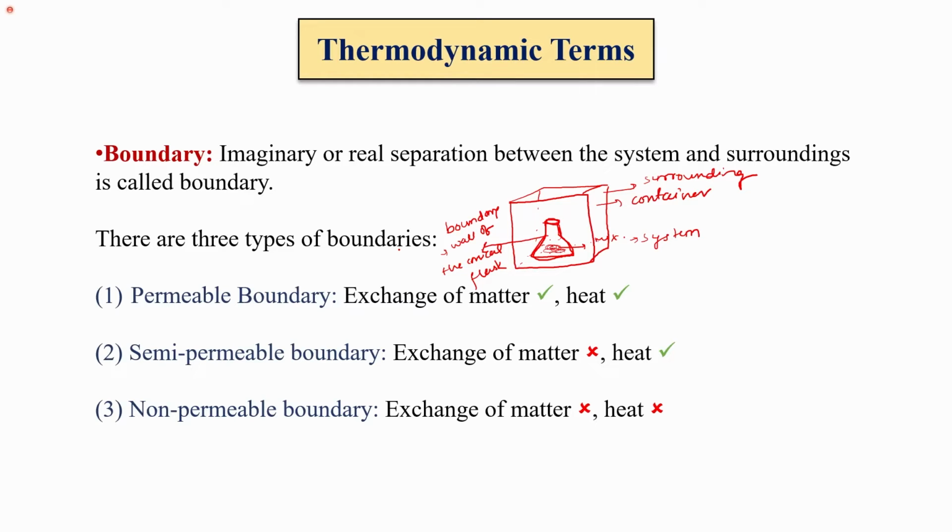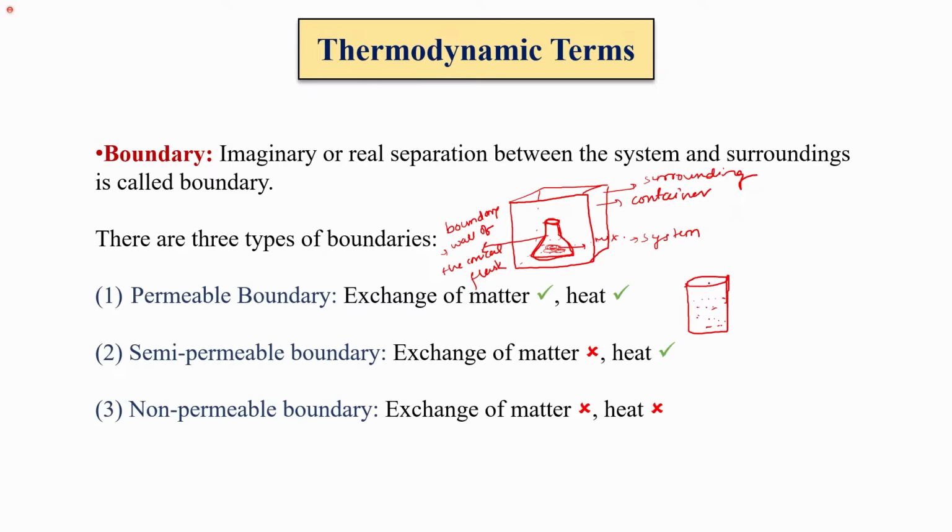Let us first see the permeable boundary. It says that if a boundary permits the exchange of matter as well as heat, then it will be called a permeable boundary. For example, this is your beaker containing a reaction mixture. The wall of the beaker will act as your boundary.